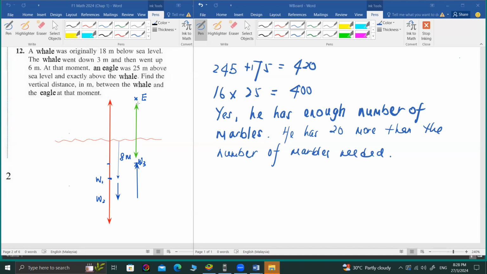Try to understand, yeah? Just follow my diagram to draw where it is and find.